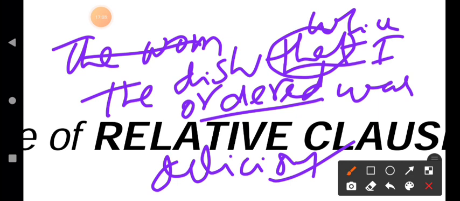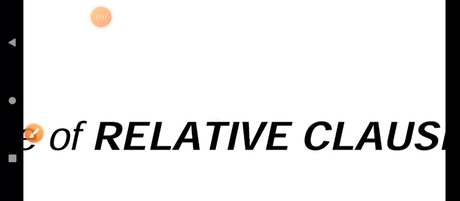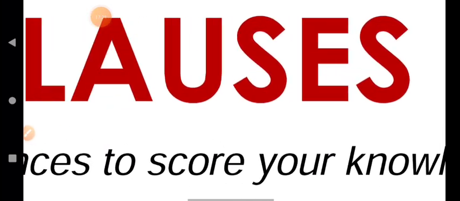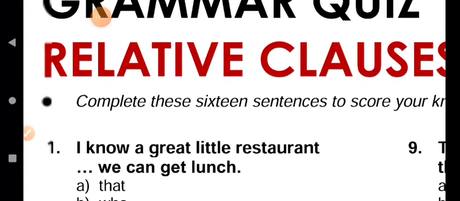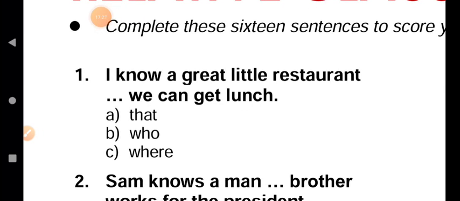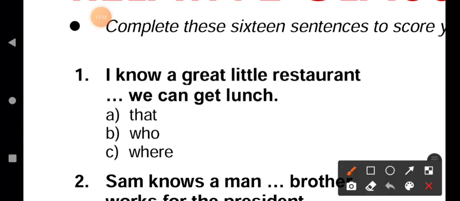It tells something about the noun, which is the antecedent, the preceding noun. This is a brief explanation about defining relative clauses, because all the exercises are based on them. Okay, my dear students, you should understand the first one.